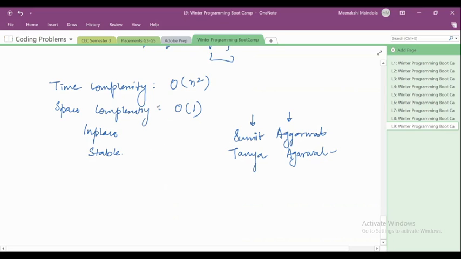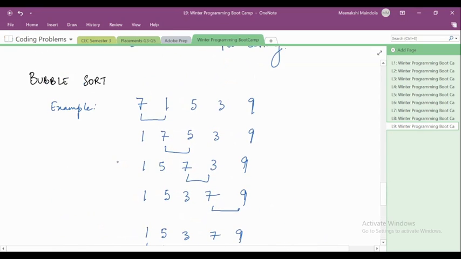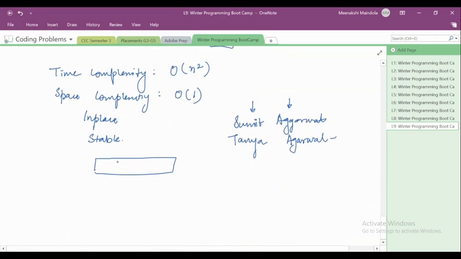Otherwise, if you want to look at stability in terms of integers only, then you can consider your array to have two elements with the same value. Let us consider the same example, 7, 1, 5, 3A, 9 and 3B.